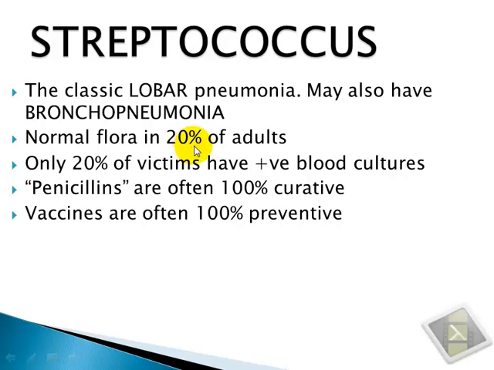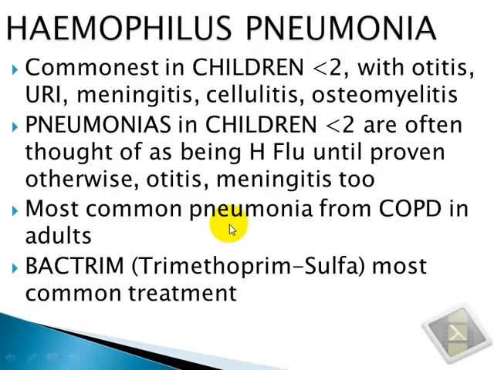Around 20% of the adults will have this, and only 20% of the patients or victims will have positive blood cultures. Penicillins are almost always curative, and we have vaccines for the Streptococcus. They take the capsular antigen and prepare vaccines out of it. And these are almost always 100% preventive.